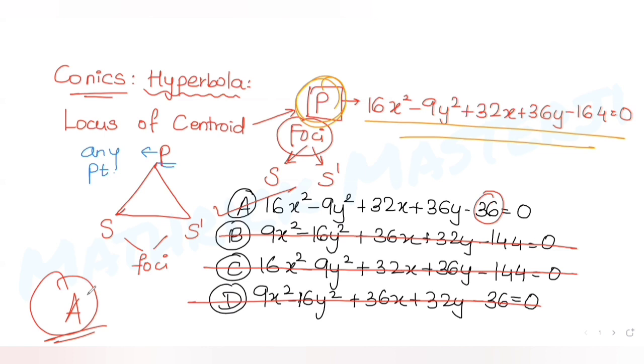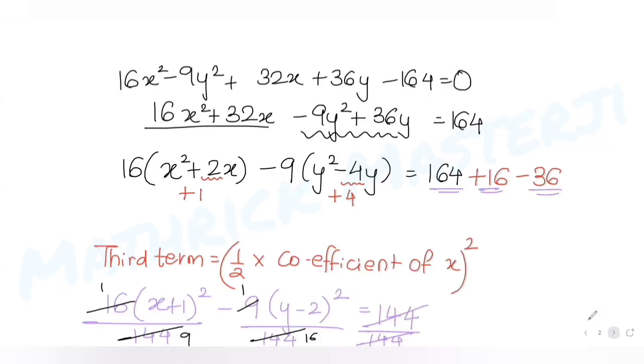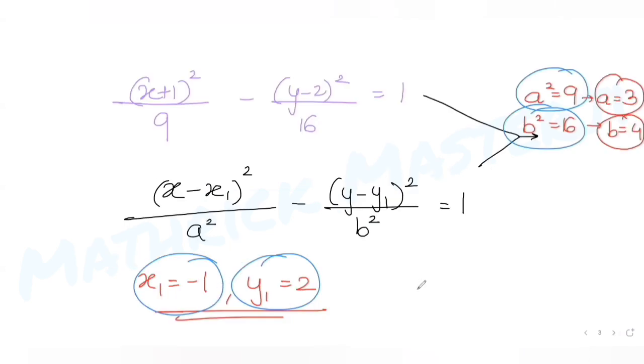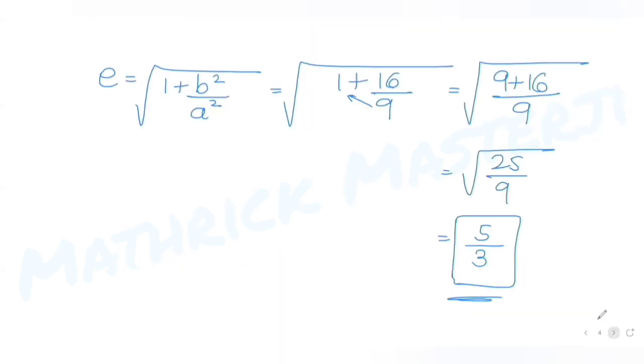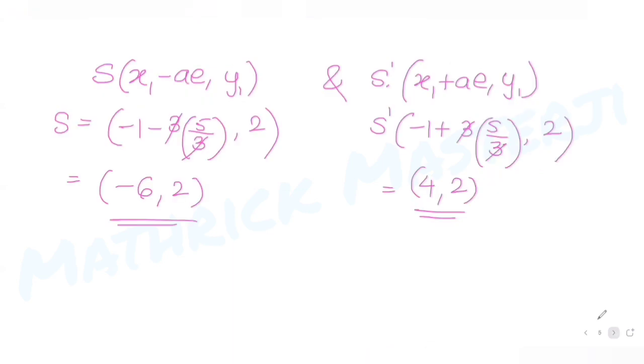I hope you have understood how to solve this type of questions. First we converted our equation of hyperbola into general form, and from there we got a, b, x1 and y1. Then we figured out the eccentricity, and once we figured out the eccentricity, we got the foci points.